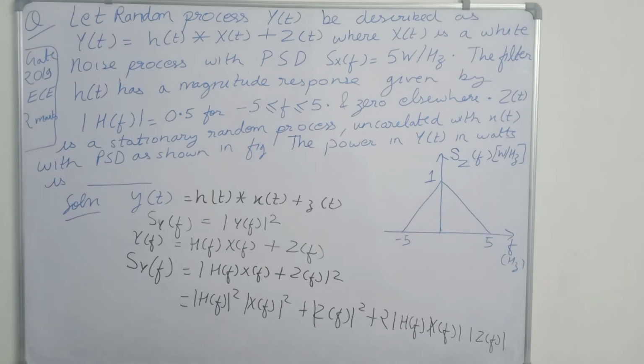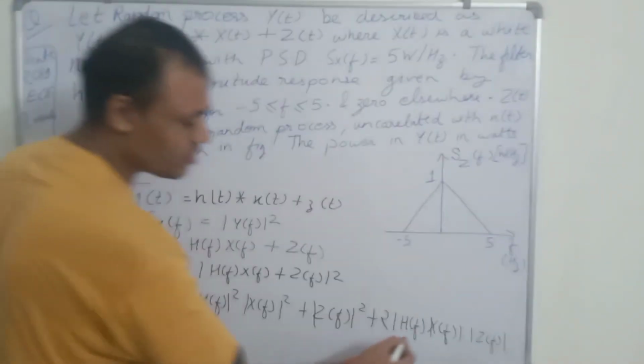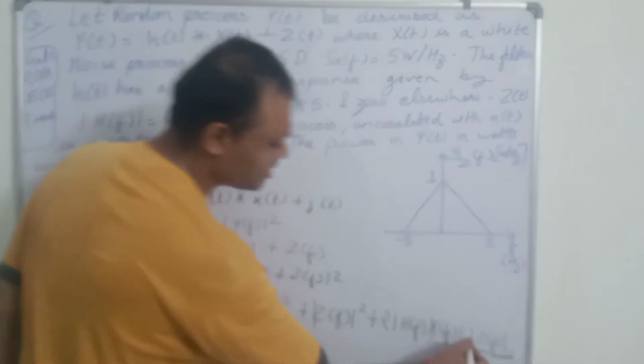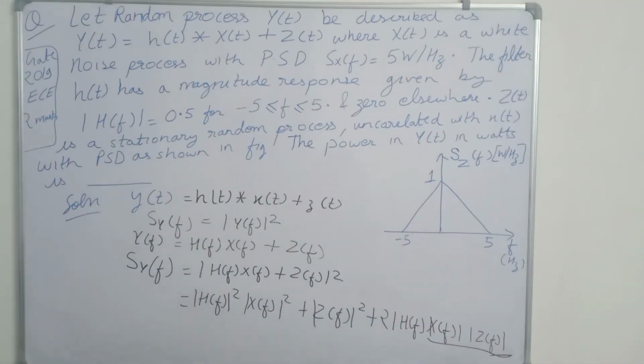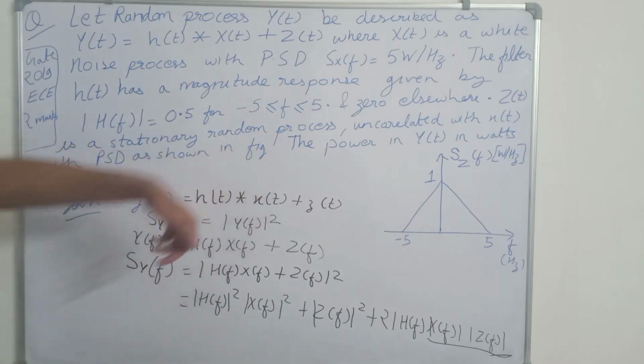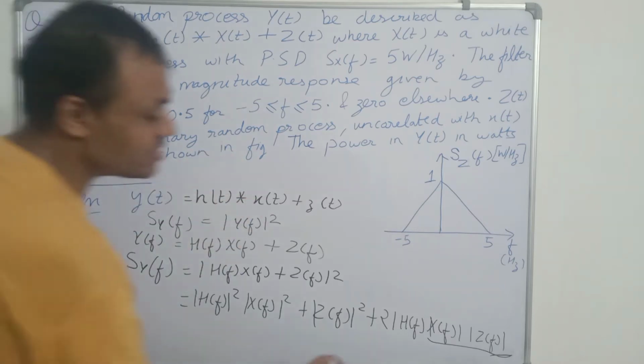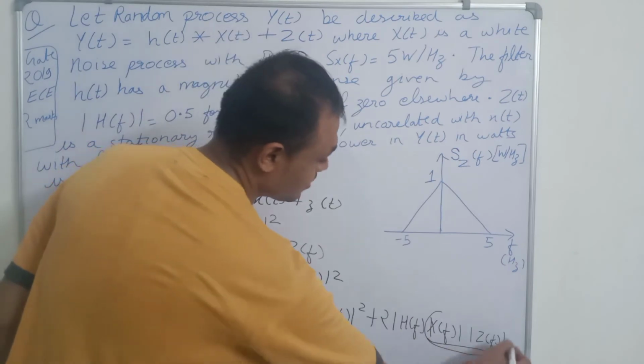But x of f into z of f will be equal to 0, because x of t and z of t are uncorrelated. So their frequency spectrum obviously will have no common frequency. So this term will be equal to 0.